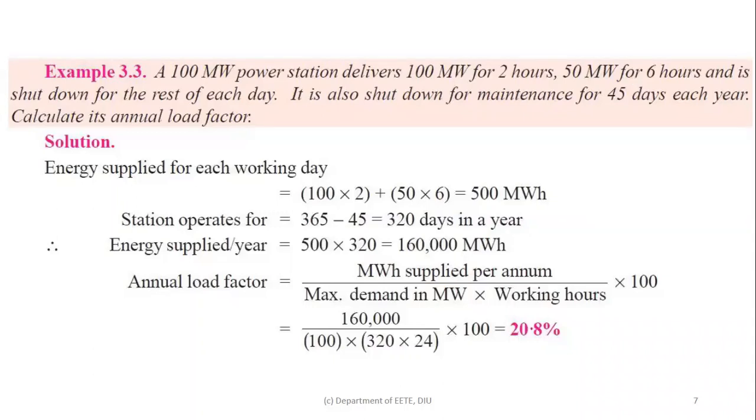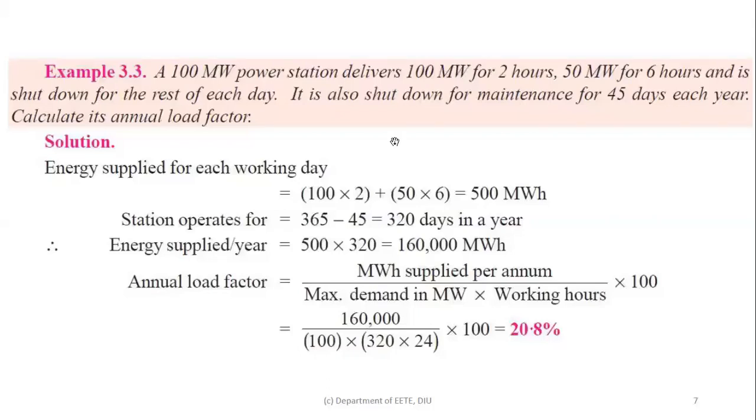So for one day, it is operational for 2 plus 6, total 8 hours, throughout the 24 hours. So energy supplied every day is 100 into 2 hours plus 50 into 6 hours, total 500 megawatt hour for one day.